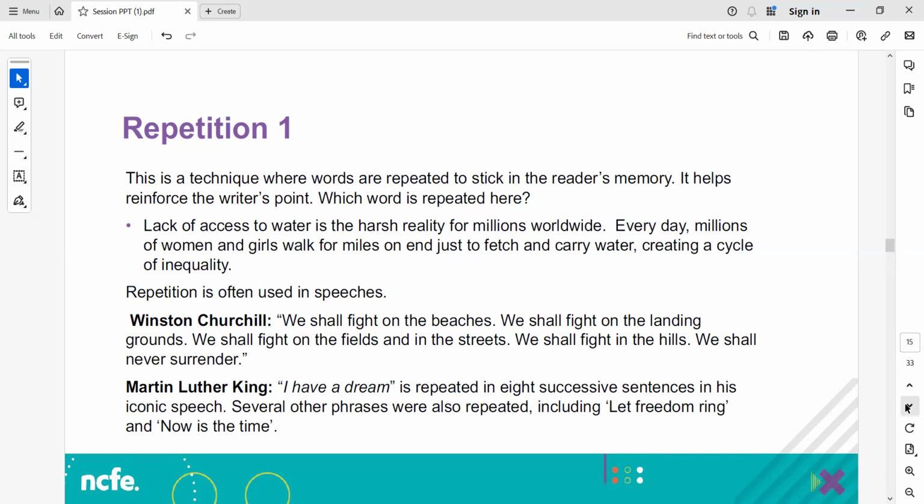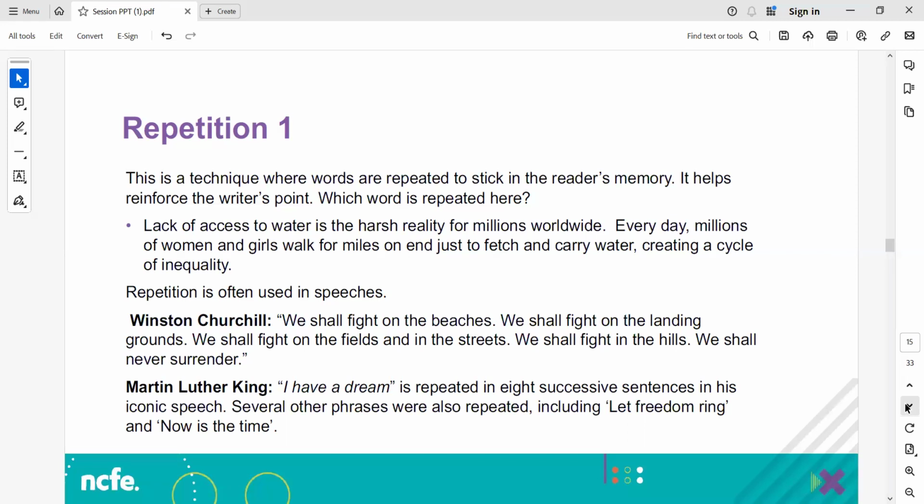Martin Luther King: "I have a dream." That is repeated in 8 successive sentences in his iconic speech, which I'm sure most people are familiar with. Several other phrases were also repeated, including "Let freedom ring" and "Now is the time."